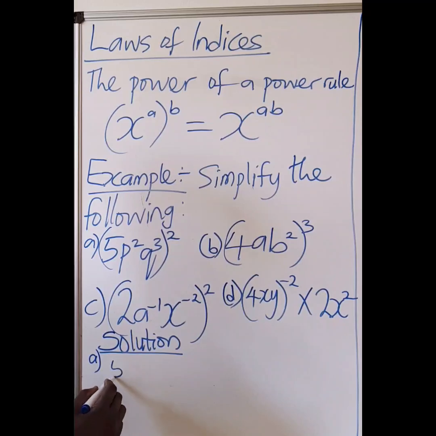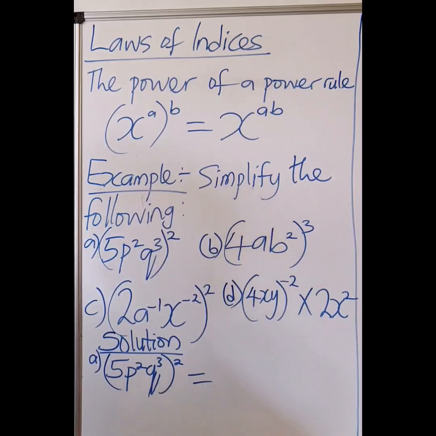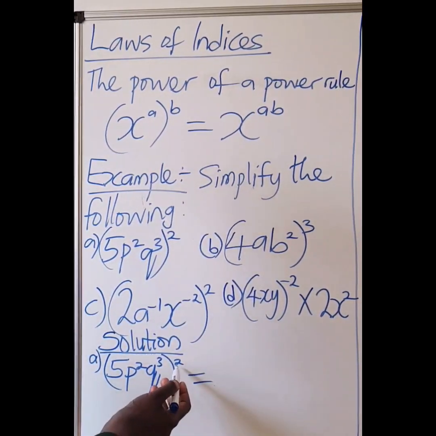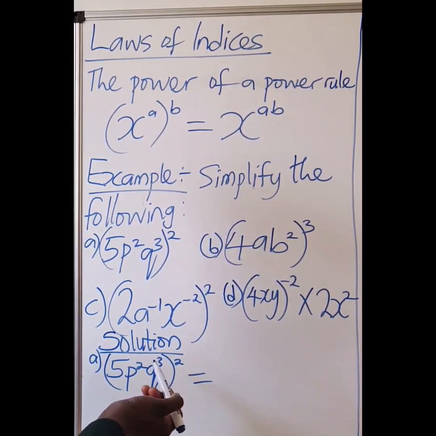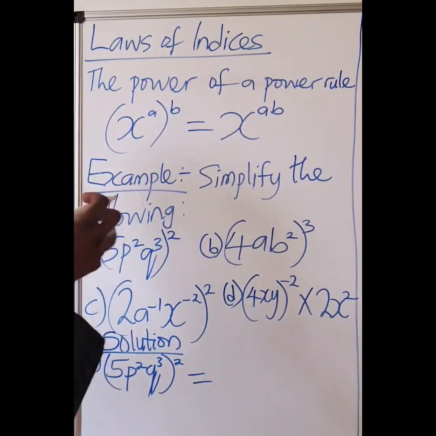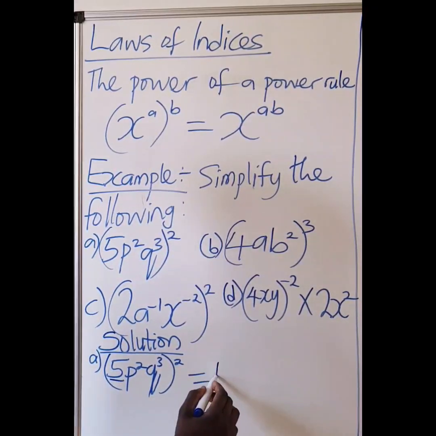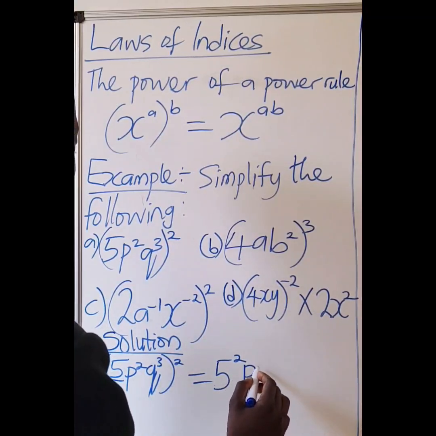So this 2 outside here indicates that everything inside the bracket must be raised to power 2. So we're going to start from 5 raised to power 2. P already has 2 already.